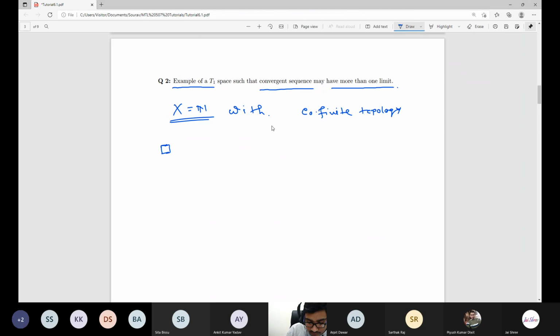Of course, x_n equals n. Yes, x_n equal to n. Then where does this sequence converge? Is it a convergent sequence first? Tell me whether it is a convergent sequence or not.